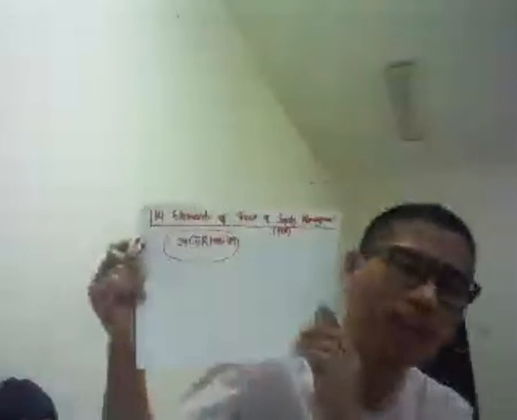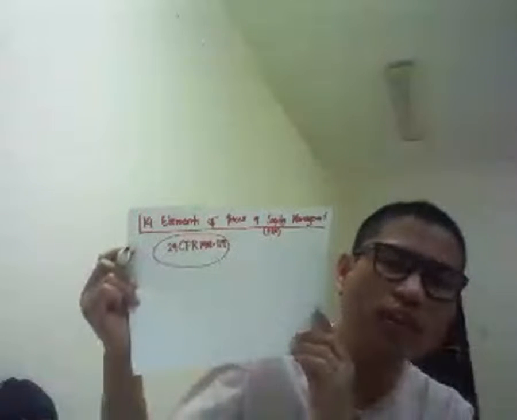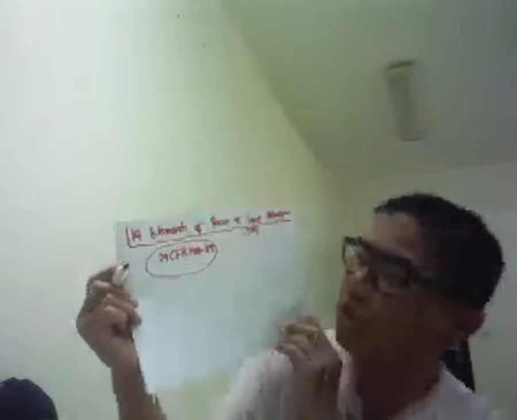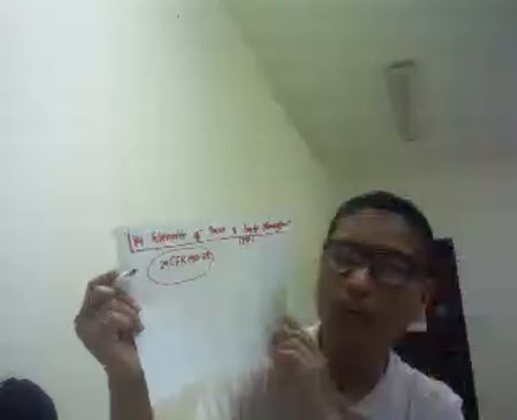So this is the standard for process safety management, a specific safety standard: 29 CFR, Code of Federal Regulations, 1910.119.